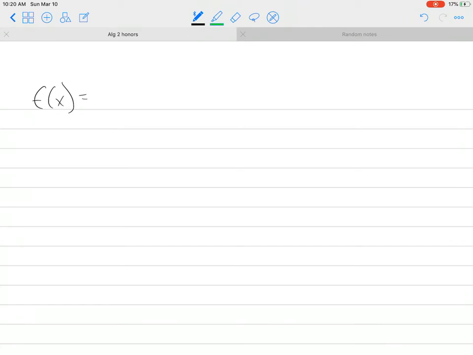F of x equals 2 times x plus 5 squared. Let's just leave it right here: 2 times x plus 5 squared. You build it. Find me the inverse.